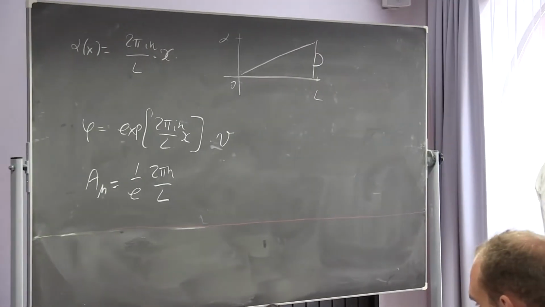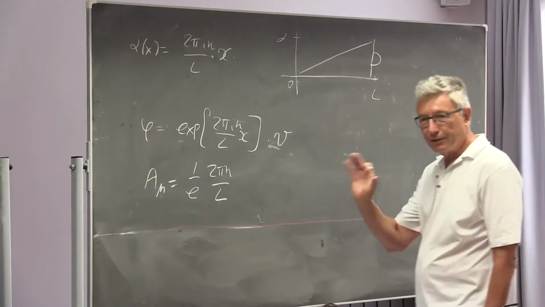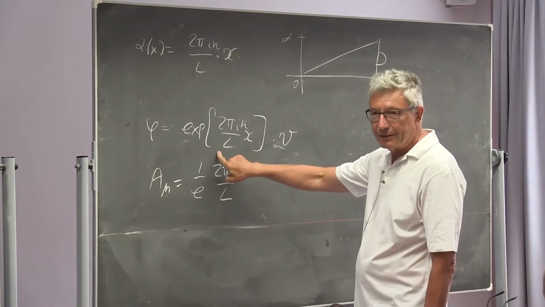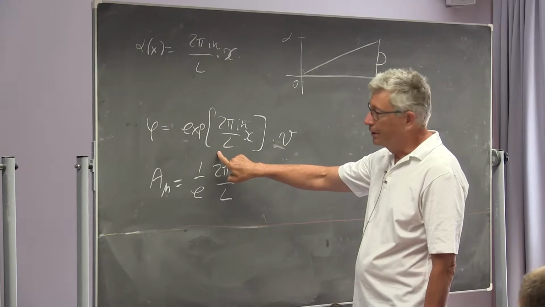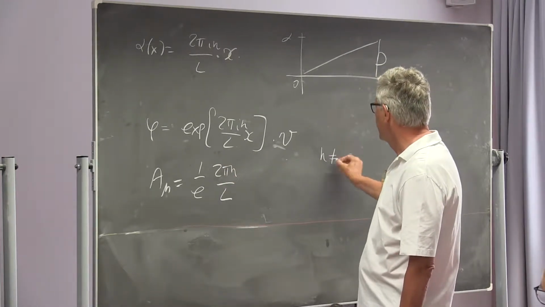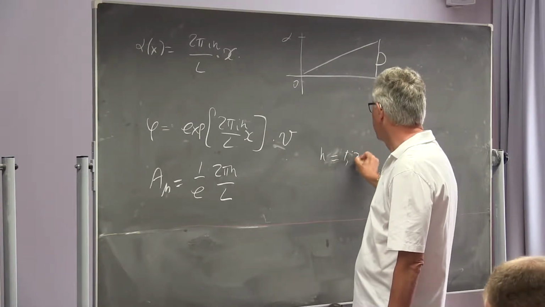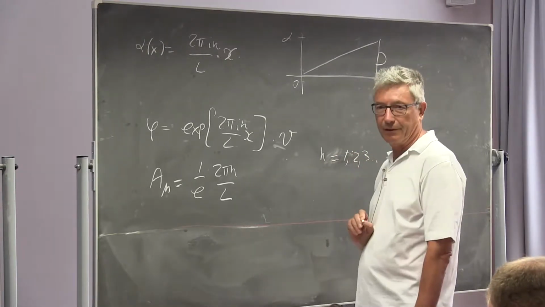Okay, so that's a very, very important point. So this theory contains an infinite number of vacua parameterized by an integer number n equal to 1, 2, 3, etc.